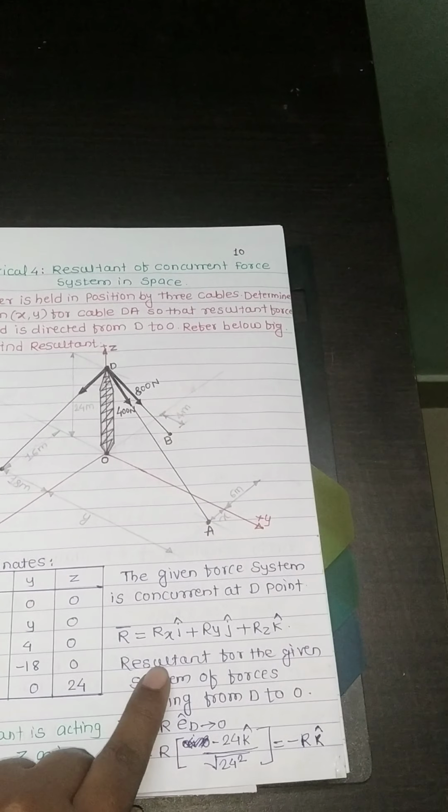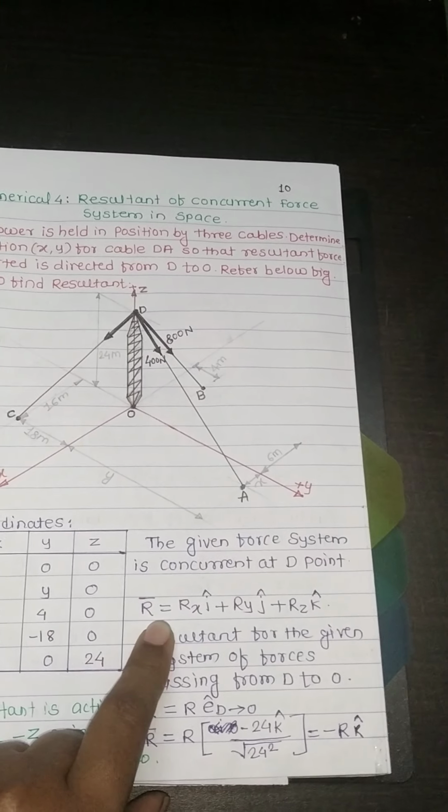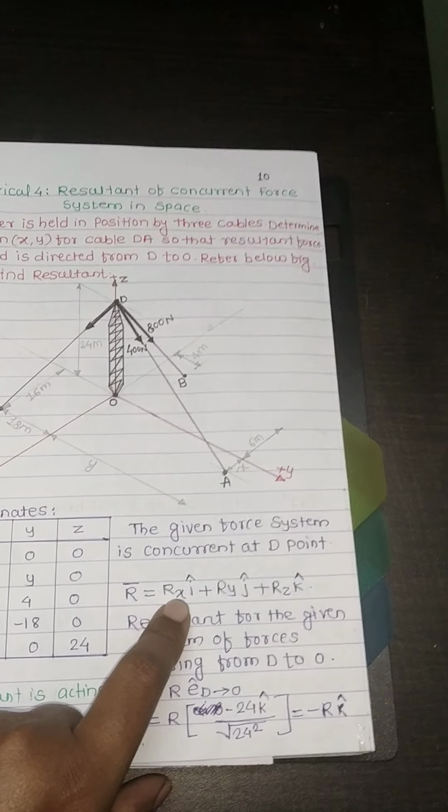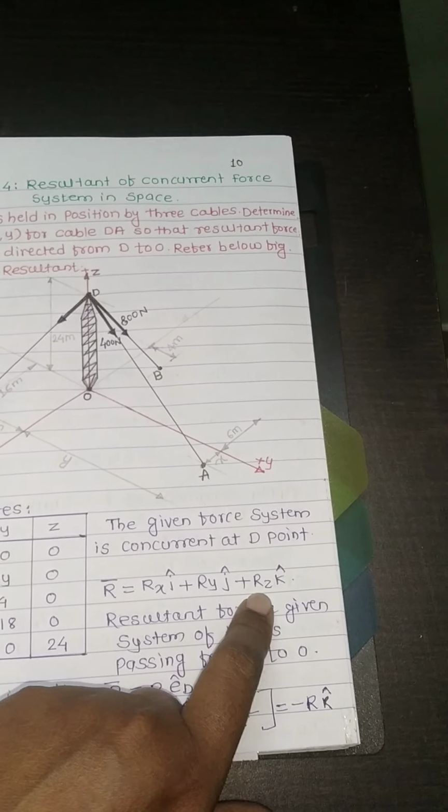Therefore, we can define the resultant as a vector in the Cartesian coordinate system as Rx i cap plus Ry j cap plus Rz k cap.